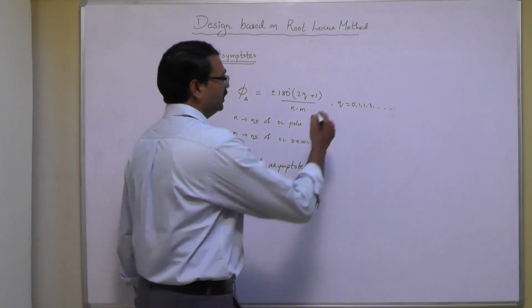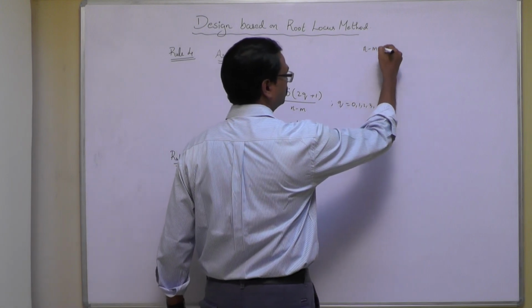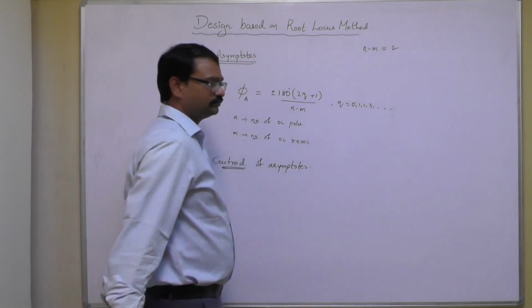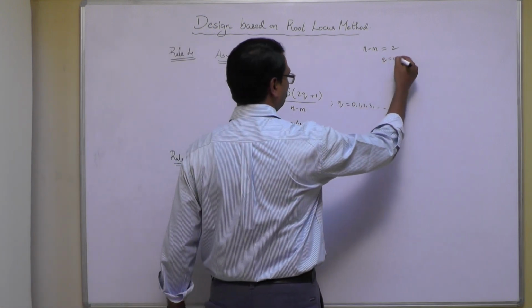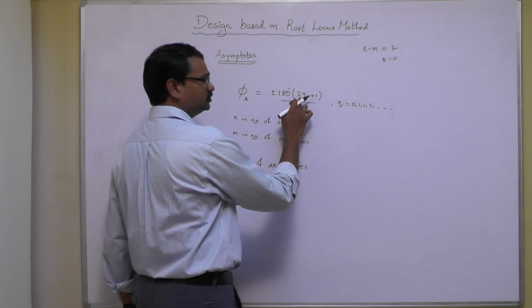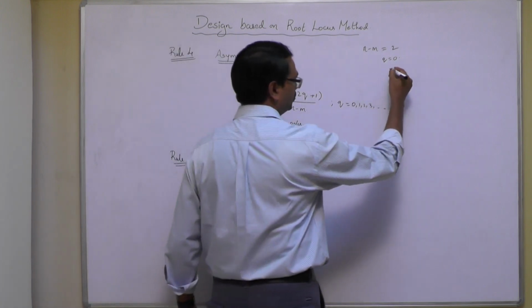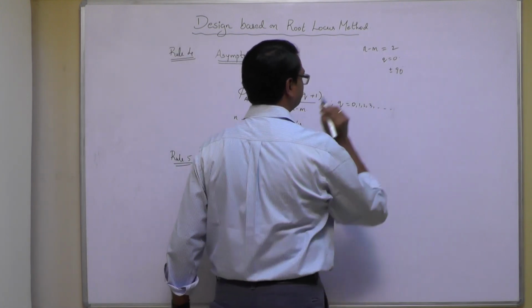Now let us say n minus m is equal to 2. When you consider q as 0, what is this? 180 into (0 plus 1) by 2, which is plus or minus 90 degrees.